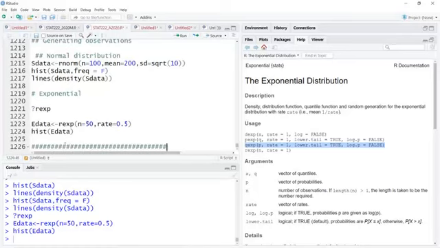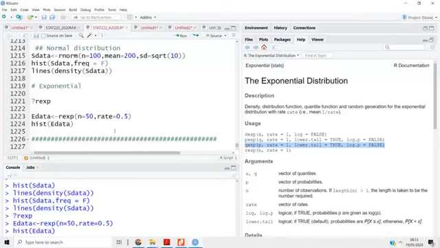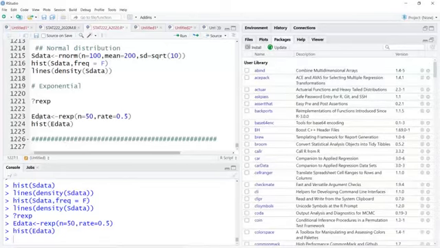But I must stress that this is different from fitting a probability distribution. If you are fitting a probability distribution to particular data, then that's different. This is just that the distribution is there, and you are generating observations from it, or you want to find some probability. But if you are fitting data with a distribution, then you need something else.